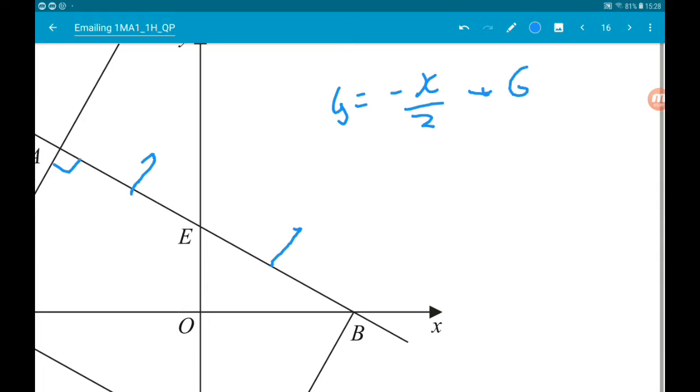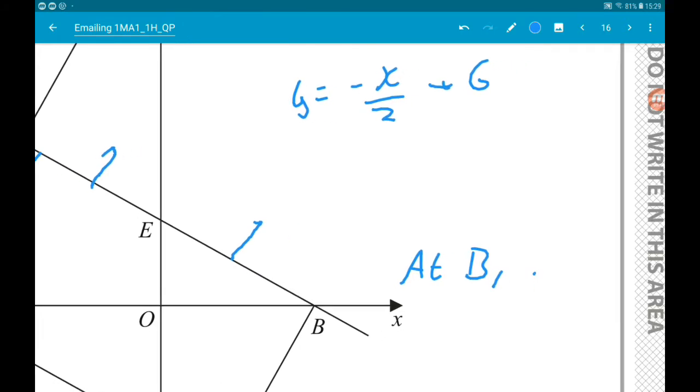Now, at point B, we know that y is 0 because we are on the x-axis. So that means that minus x over 2 add 6 is equal to 0, or 0 is minus x over 2 add 6.